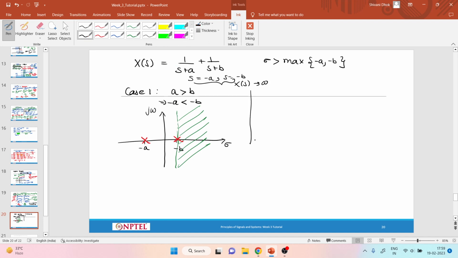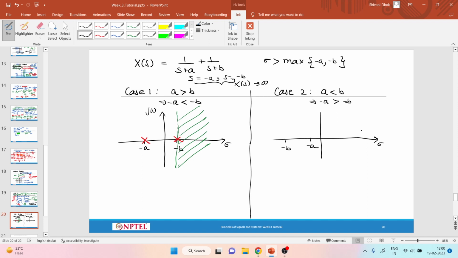Now if we look at the second condition, that is case 2, where a is less than b, which implies that minus a is greater than minus b. I'll have it something like this. Let's say minus a lies here, minus b lies here. It can be anywhere over your sigma axis.